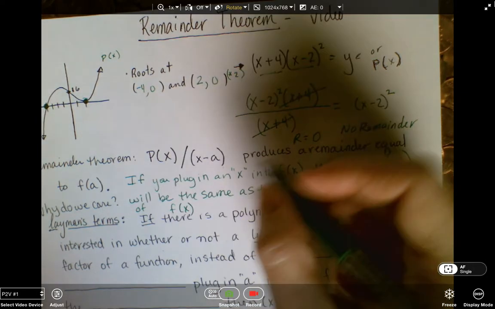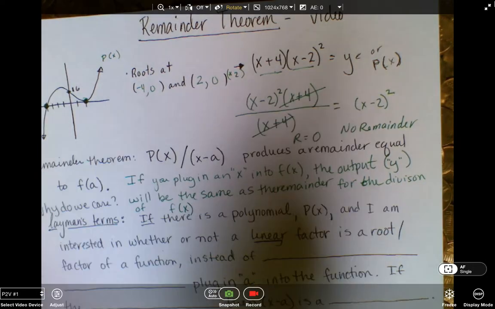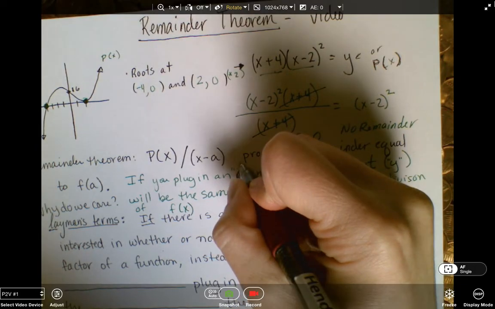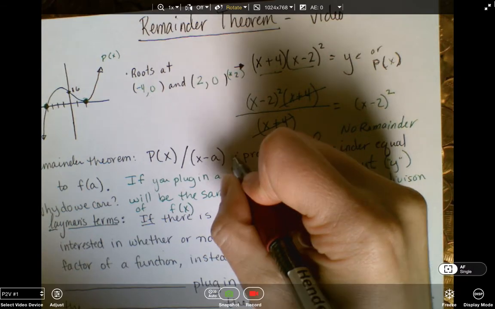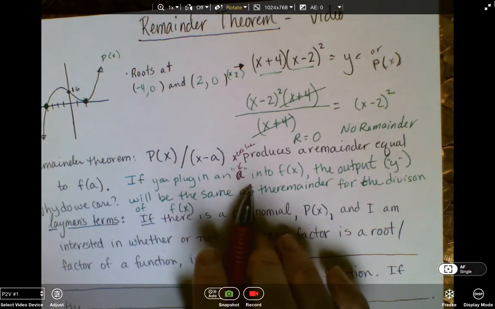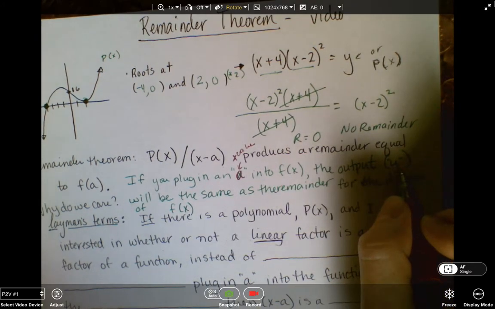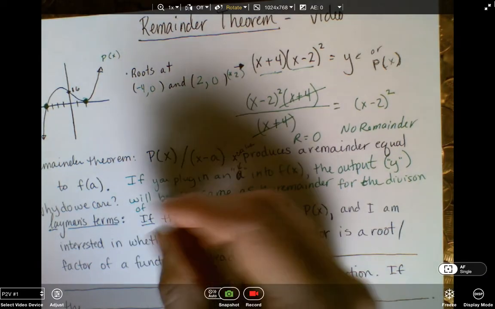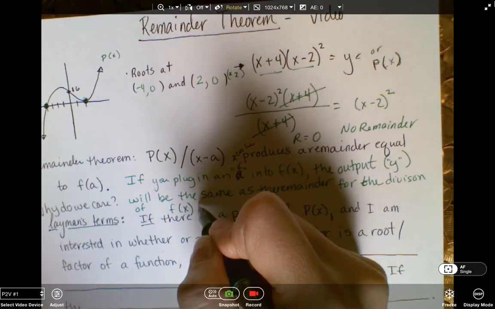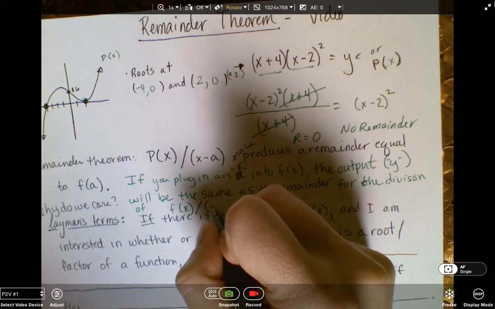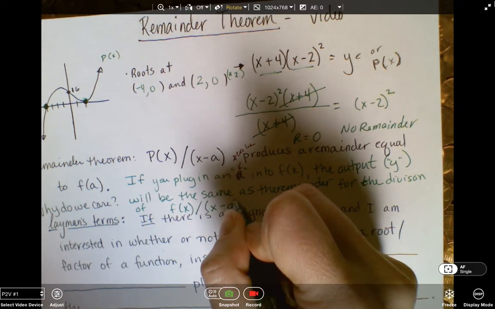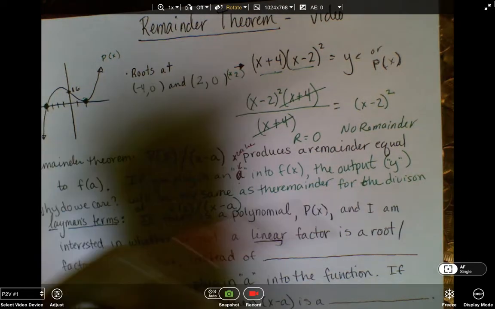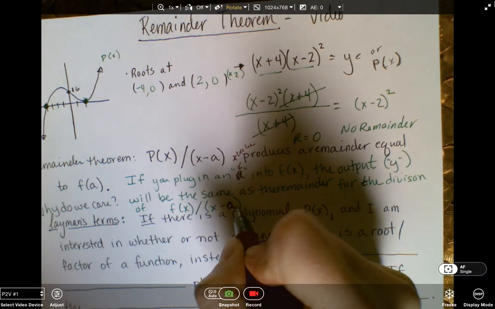I'm actually going to come back up here. Plug in a, we're going to call it a, but this a is an x value. So if you plug in an a, which is some x value, into f of x, the output, the y value, will be the same as the remainder for the division of f of x divided by the factor that would be created by x minus the a that you plugged in. So that a and that a would be the same number.